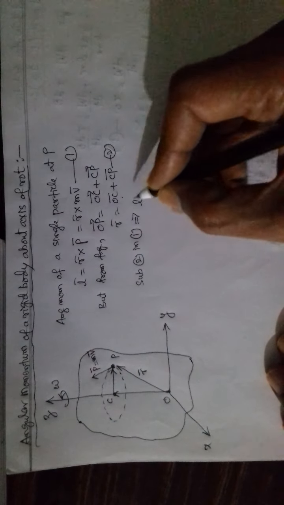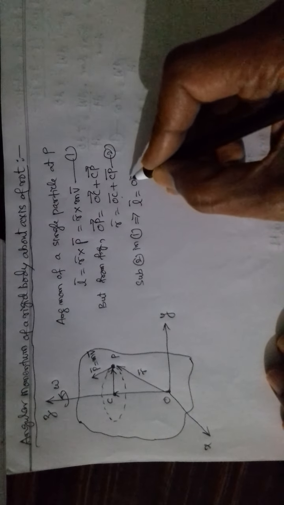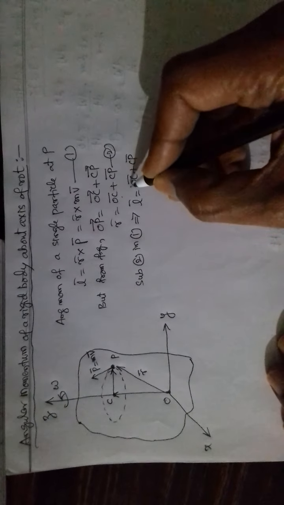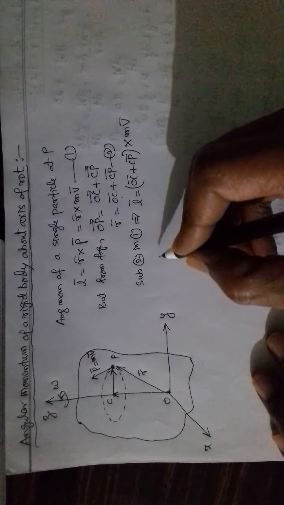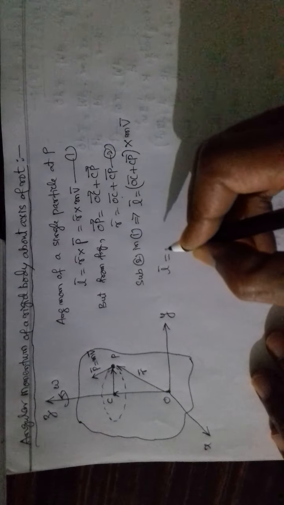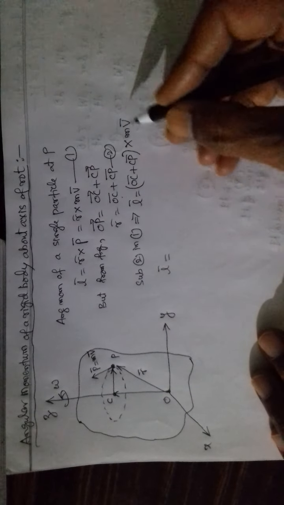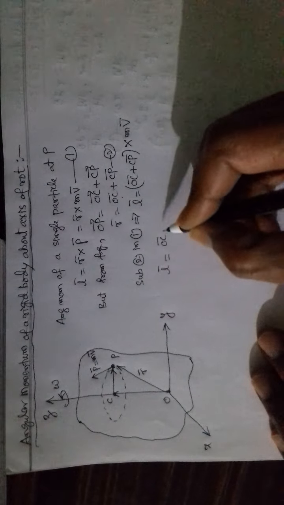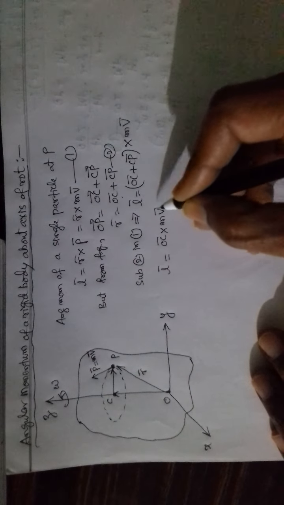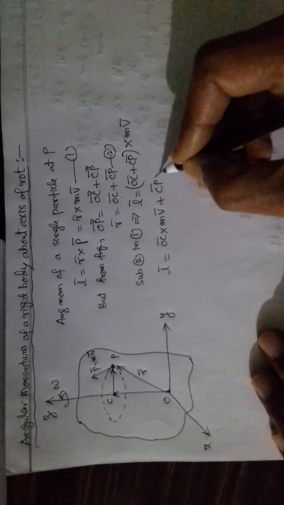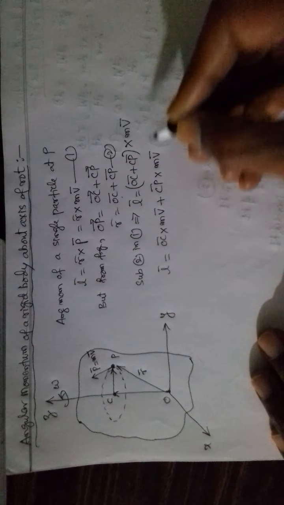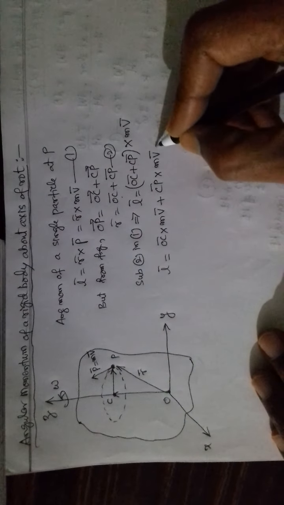We get L is equal to OC plus CP cross MV. So L is equal to OC cross MV plus CP cross MV. Say this is the third equation.